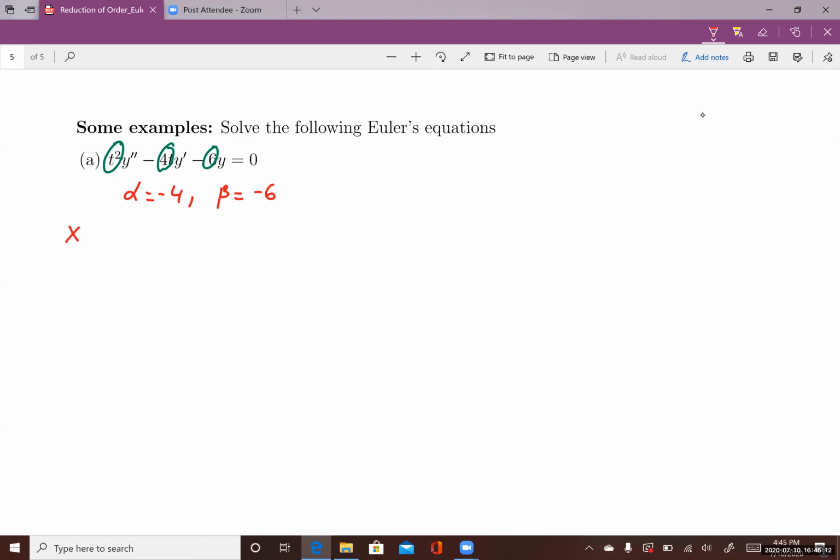And I let x equal natural log of t, right?